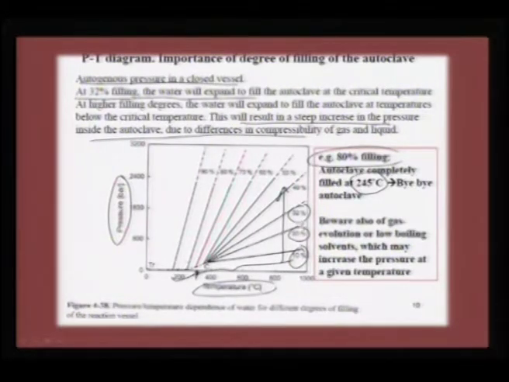So we should beware of gas evolving or low boiling solvents, which can increase the pressure at a given temperature. So we should also understand that the starting materials by themselves should not release extra gases apart from the pressure that we are generating. So during the reaction, if some decomposition process is happening and that is going to release some more gas, then that will add up to the inherent pressure that is getting built up.